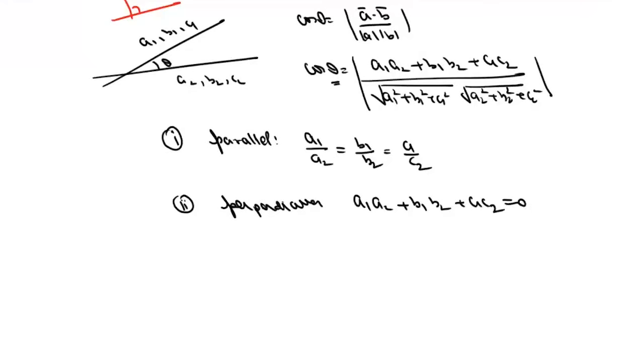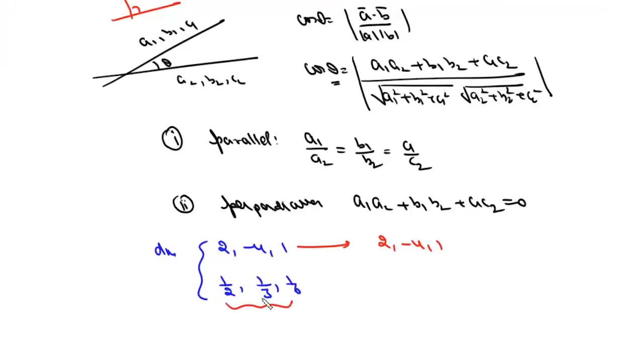Now say, for example, suppose we have two lines whose direction ratios are 2, -4, 1 and 1 by 2, 1 by 3 and 1 by 6. We have to find the angle between these two lines. For the first line, we are given direction ratios as 2, -4 and 1, and for the second one, we'll multiply everything by 6.